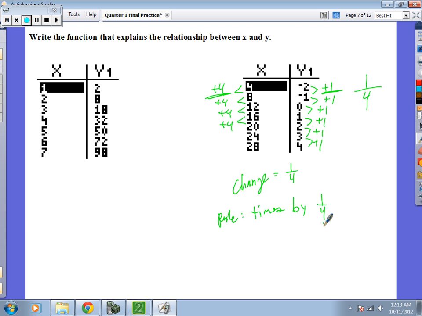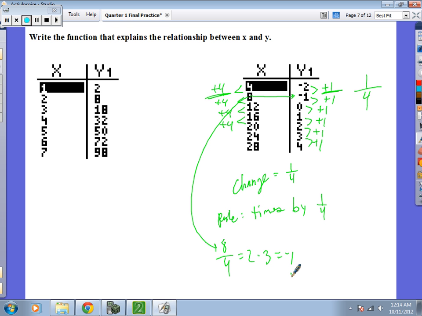So let's test the number. Let's test 8. 8 divided by 4 is 2. Okay, now 8 has to end up at negative 1. So 2 subtract 3 equals negative 1.